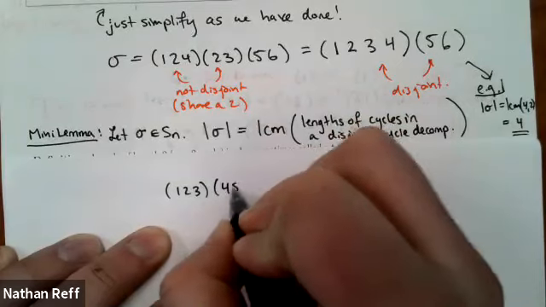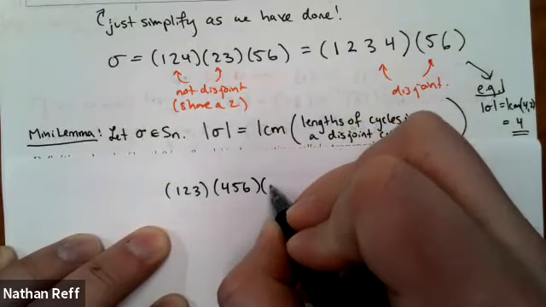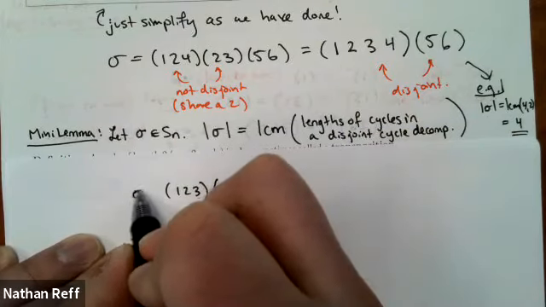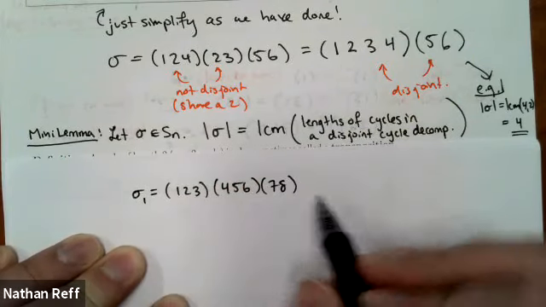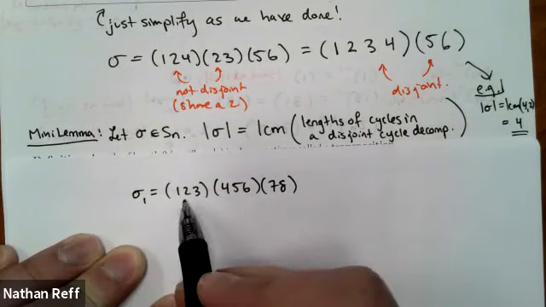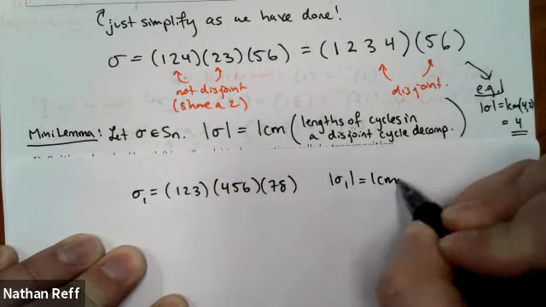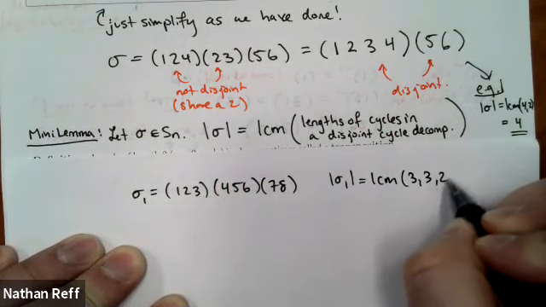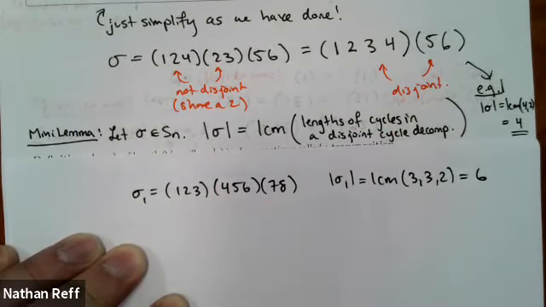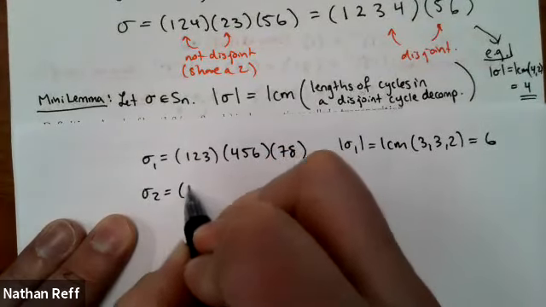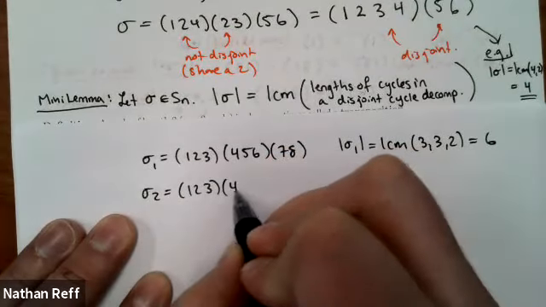So, 4, 5, 6, 7, 8. Let's say this is sigma 1. These are disjoint, nothing shared. So the order of this would be the least common multiple of 3, 3, and 2, which would be 6. Let's look at this one: 1, 2, 3, and 4, 5.